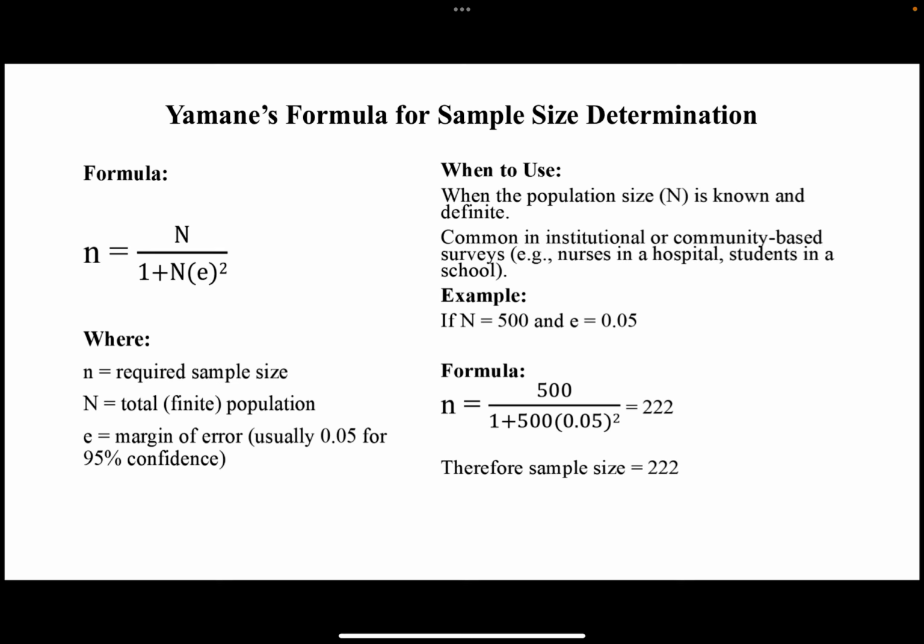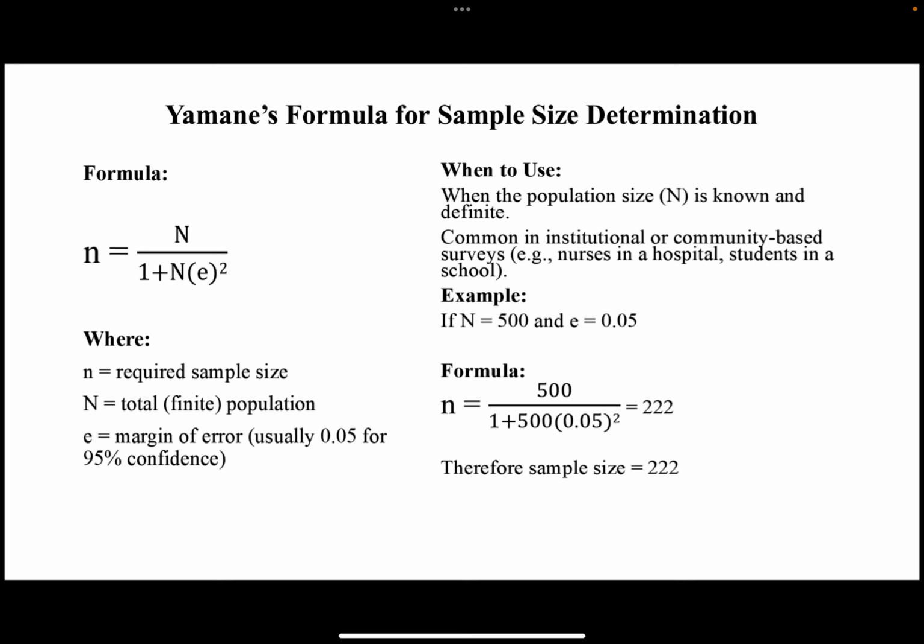But the second point is that if the population size is too large and you go ahead to use Yamane's formula, your sample size will be relatively very large. So you also have to consider that sometimes when you are choosing sample size formulas.